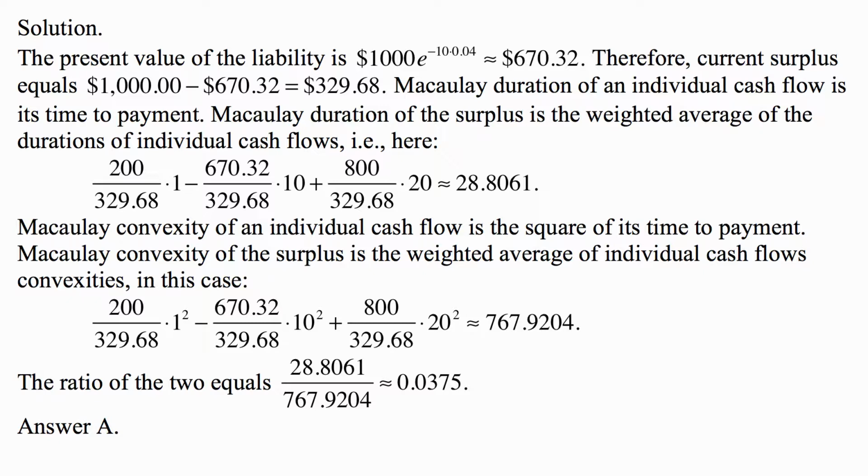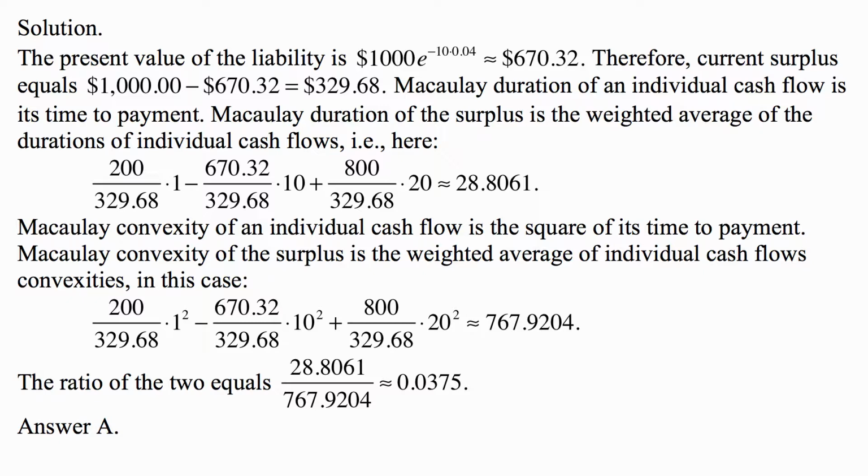Macaulay duration of an individual cash flow is its time to payment. The Macaulay duration of a surplus is the weighted average of the durations of individual cash flows. So here, 200 as a fraction of the value of the surplus times 1, because 200 is the amount invested in a 1-year zero-coupon bond, minus 670.32 over 329.68.